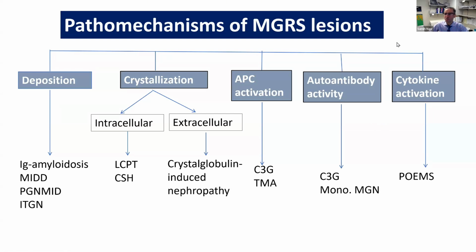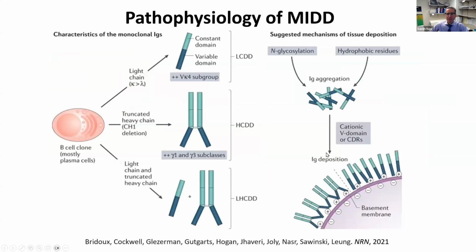For example, in light chain deposition disease, the plasma cells secrete monoclonal immunoglobulin light chain that have peculiar characteristics of their variable domain, including hydrophobic residues, abnormal glycosylation, and positive charge. These characteristics promote their aggregation and deposition in the mesangium and along negatively charged glomerular and tubular basement membranes.